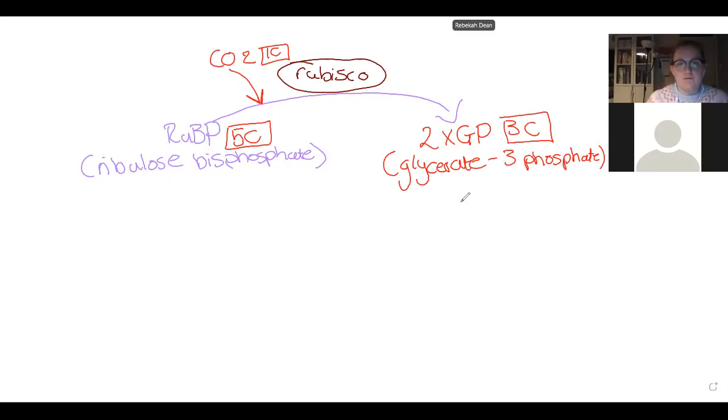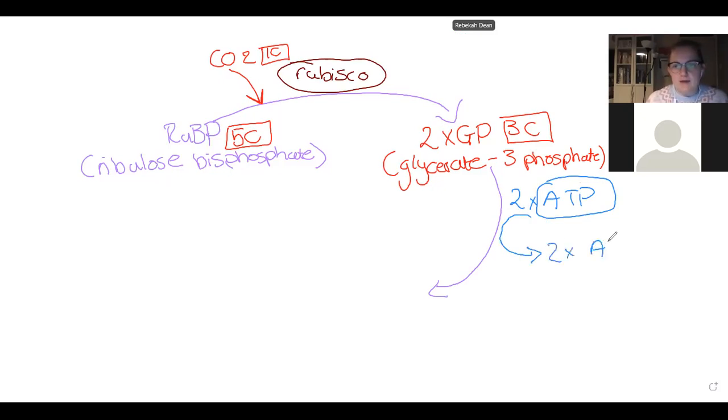Then these glycerate 3-phosphates are reduced. They're reduced by our ATP, which has come from our light-dependent stage. It's 2 lots of ATP. And obviously that ATP is going to become ADP and inorganic phosphate.